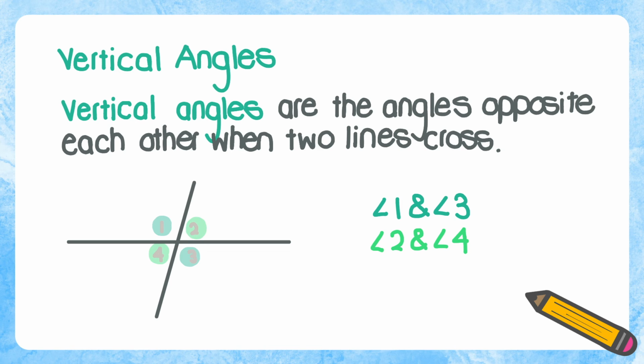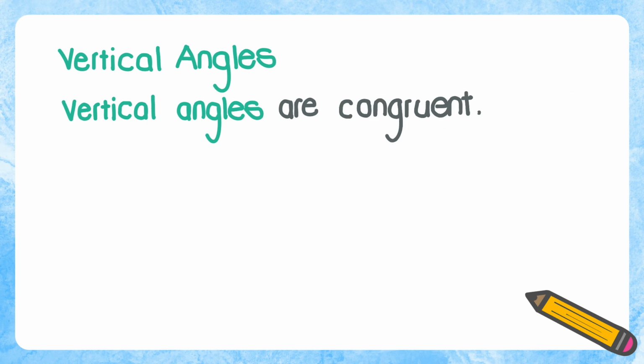And we have another pair of vertical angles, angles 2 and 4. Notice how they are opposite of each other. So a property of vertical angles is that they are congruent to each other. So the angles are congruent, which means that they share the same angle measure. And we'll be discussing why vertical angles are congruent, maybe as a group discussion or something.